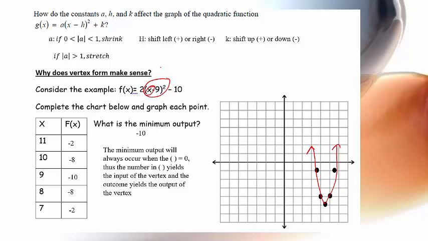So the smallest number you can get after you square it would be 0. So since I know that 0 will make a minimum, but minimum is also vertex, whatever makes 0 is the vertex. So whatever I plug in for x to get those parentheses to be 0, that's going to be my h value.